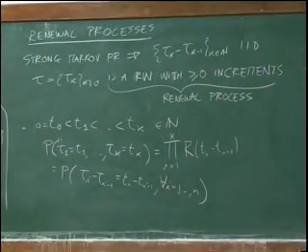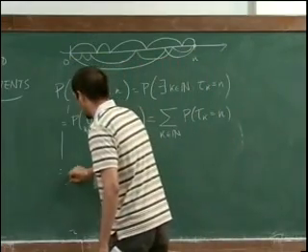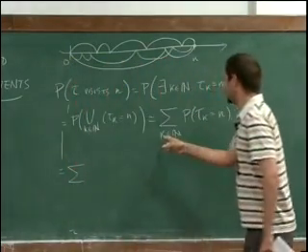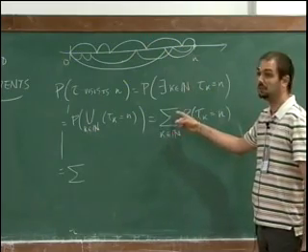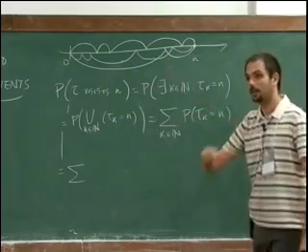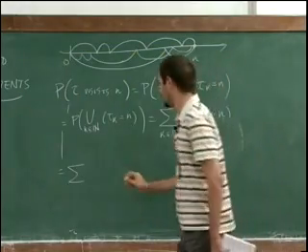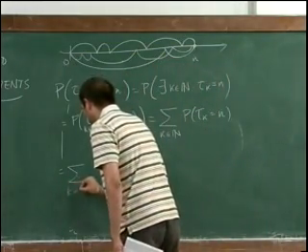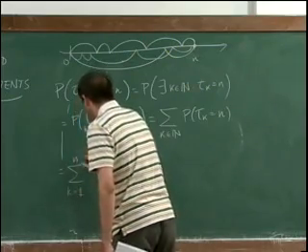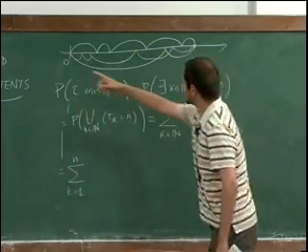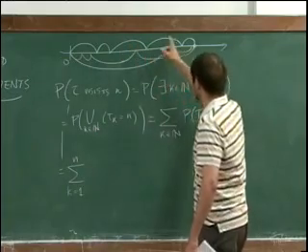It's quite easy, just a bit messy, but first note that this sum I can stop at n, because since each time I make at least one jump, I cannot be at n after n steps. So the sum is from 1 to n.